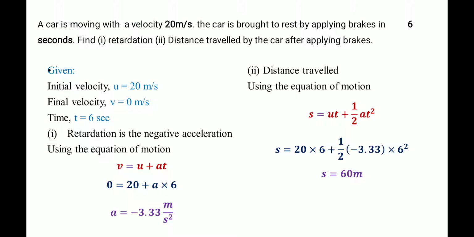Then next, distance traveled. We already know the formula, ut plus half at square. We found the acceleration value, so we have to put the value as minus. Don't put plus here. We will get the value of s as 60 meter.